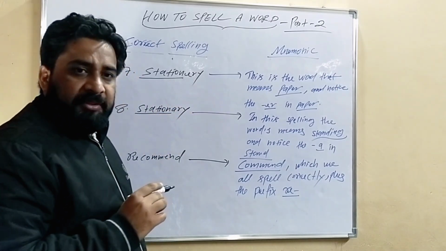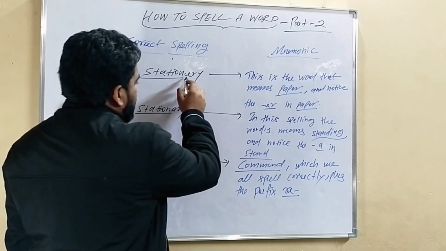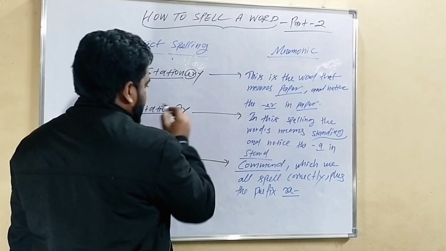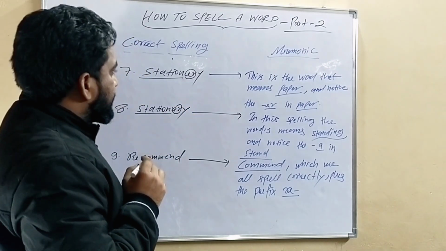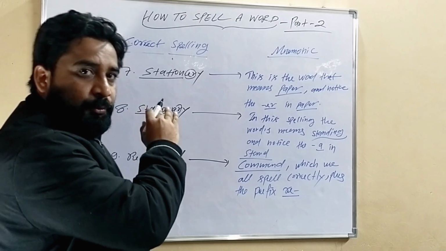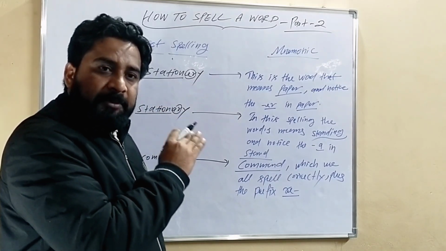But what is the basic difference? In this word we have used E, that is ER, and that is AR. So the basic difference is, stationery means just when we purchase the pen, pencil, paper, something else.